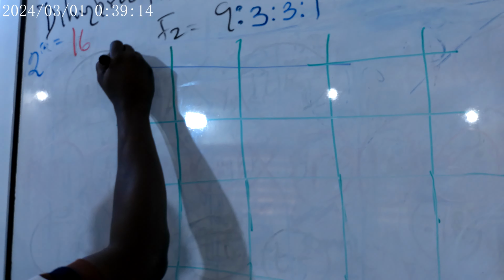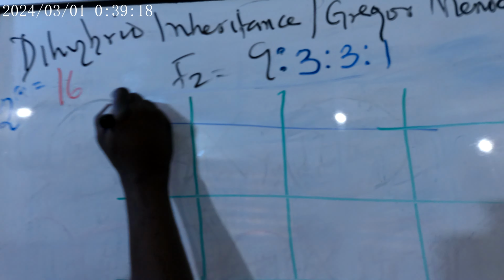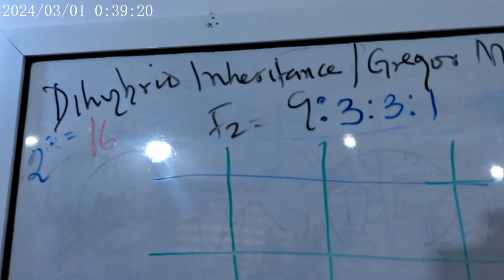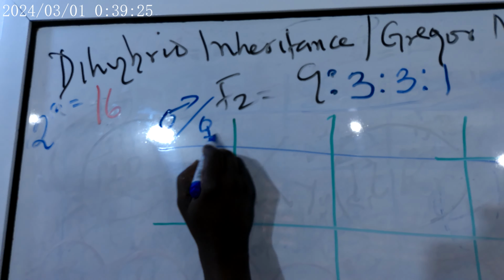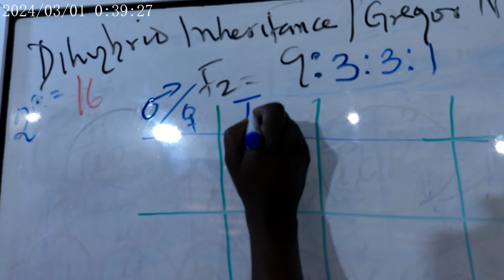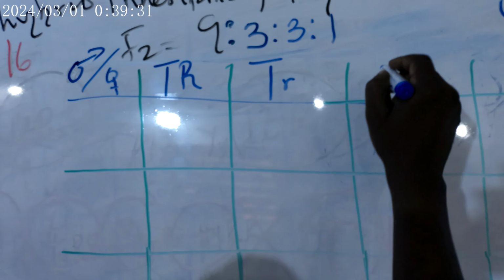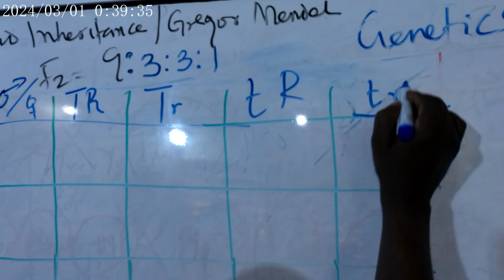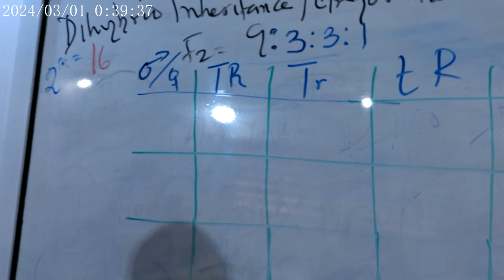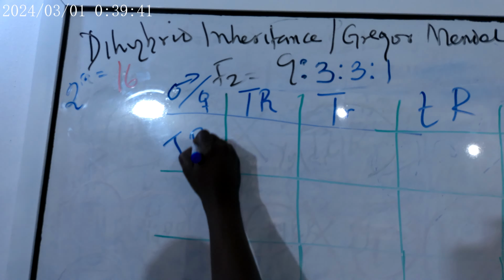So this is going to be the gametes. You should know that this is going to be male and female gametes. The set of gametes is going to be like this, and the last one is going to be like this. The same set is what we are going to have in this vertical side as well.